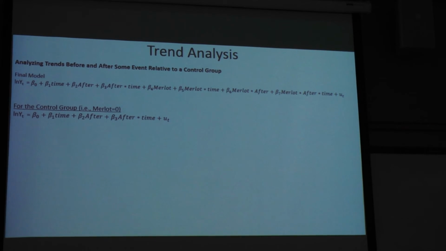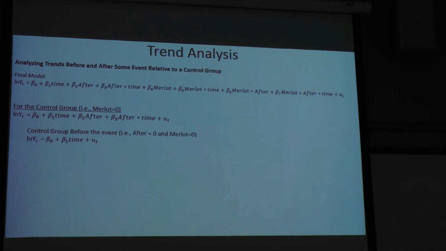So it's the non-Merlot. And let's look at the control group before the event. And that looks like what? That equation is what? Yeah, it's this homework that we did repeatedly.